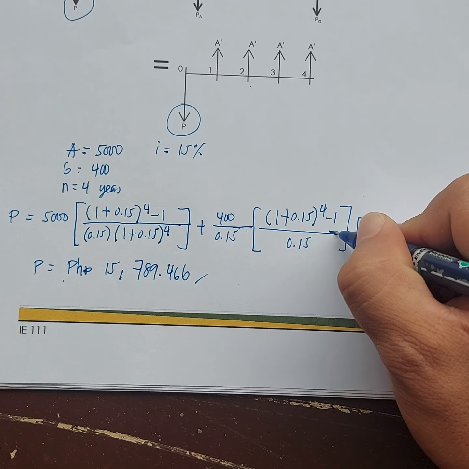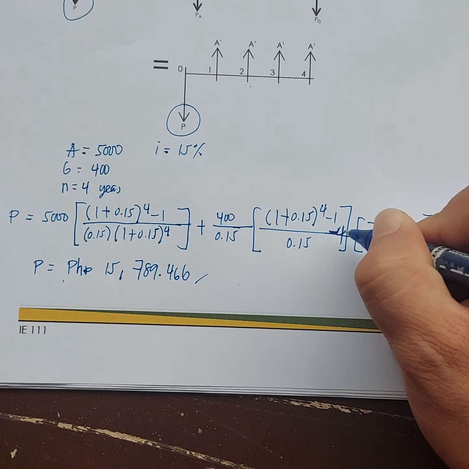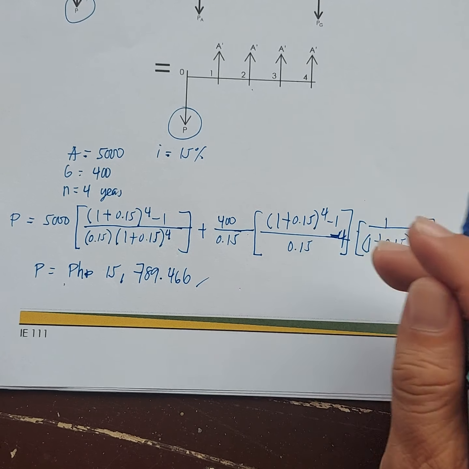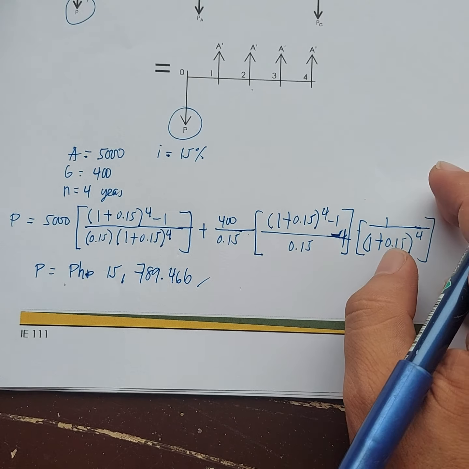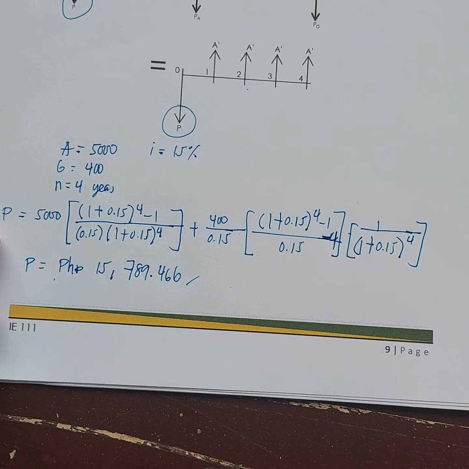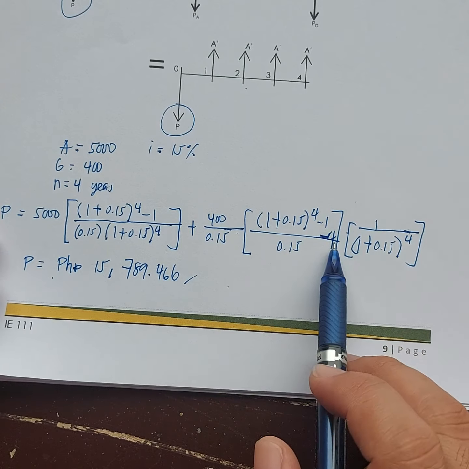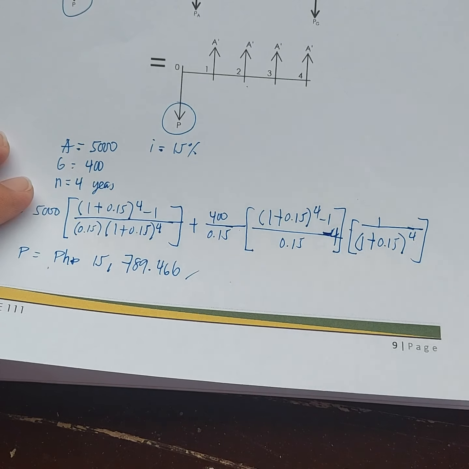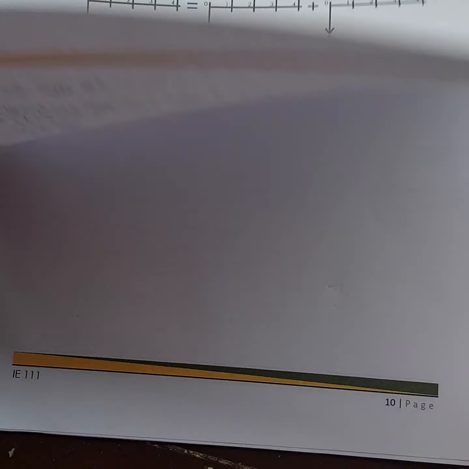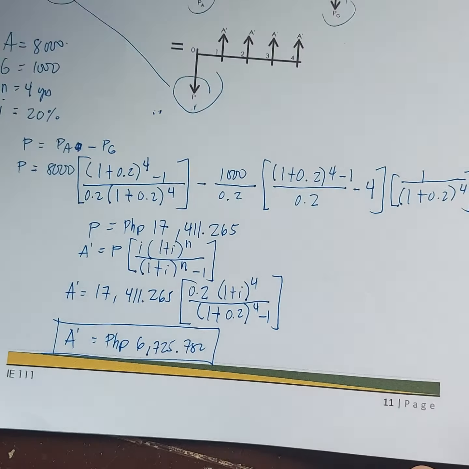There should be a minus n, which is 4. So may minus 4 dito. That's the derived formula natin for PG. The answer would be the same naman. Tama naman na-input ko sa calculator. Ito lang ang hindi ko naisulat na part. So that is the correction for problem number 1. Problem number 2, I think we're good.